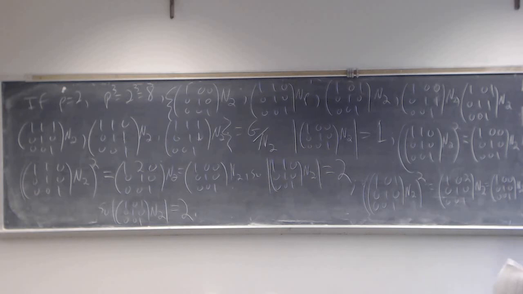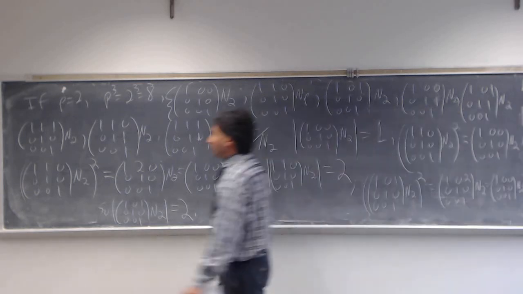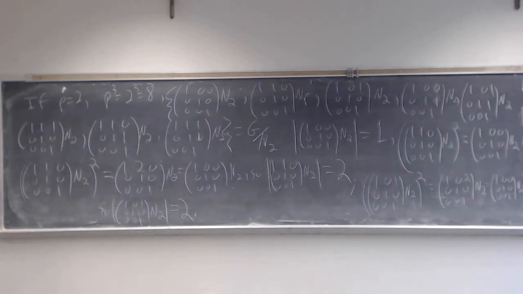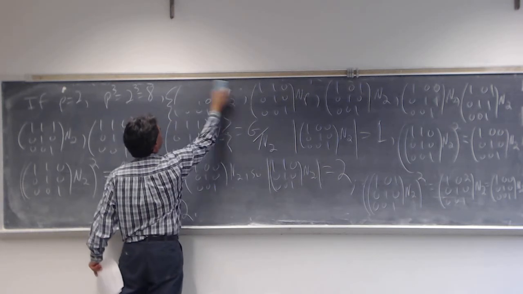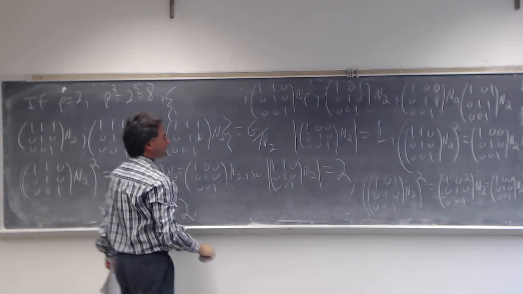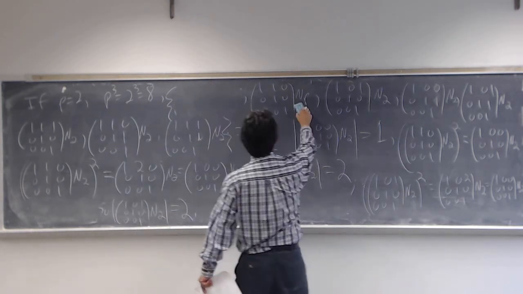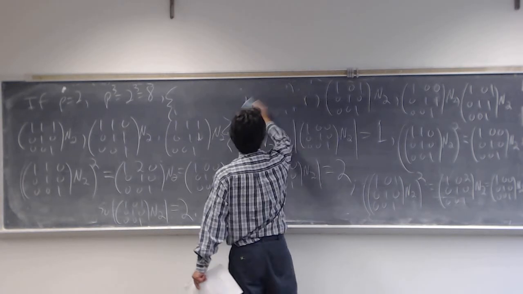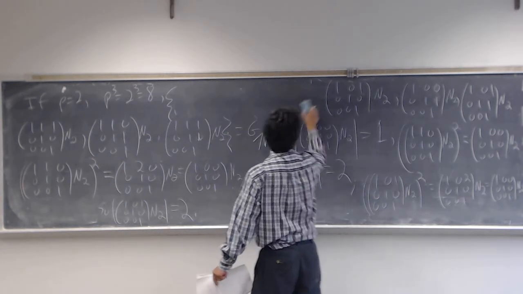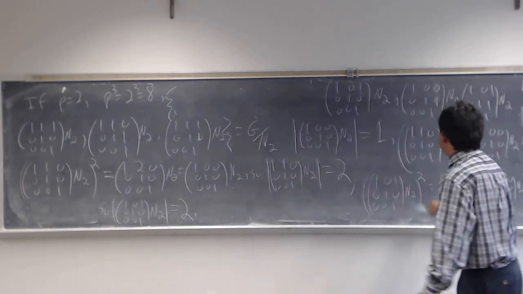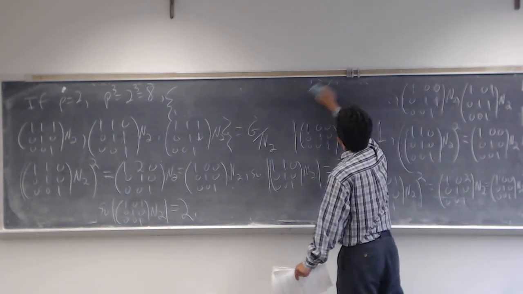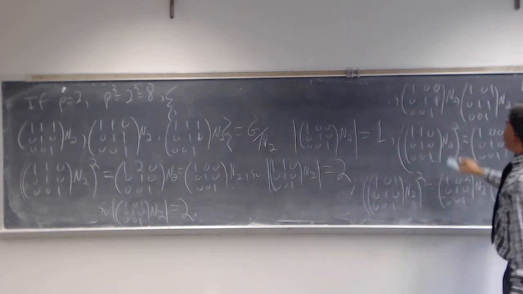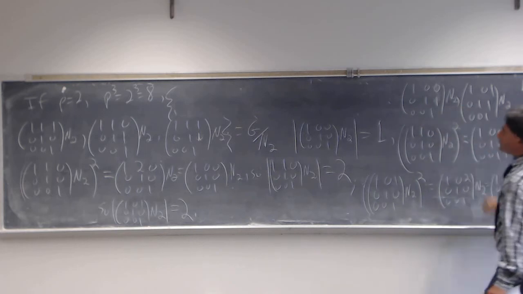Maybe I should erase some of the other matrix. So let me keep a running tally. So let me get rid of this. That's the identity, so it has order 1. This one has order 2, so I'll erase that. I've checked this one. This one also has order 2. And now this goes back. I have 6 more to check.